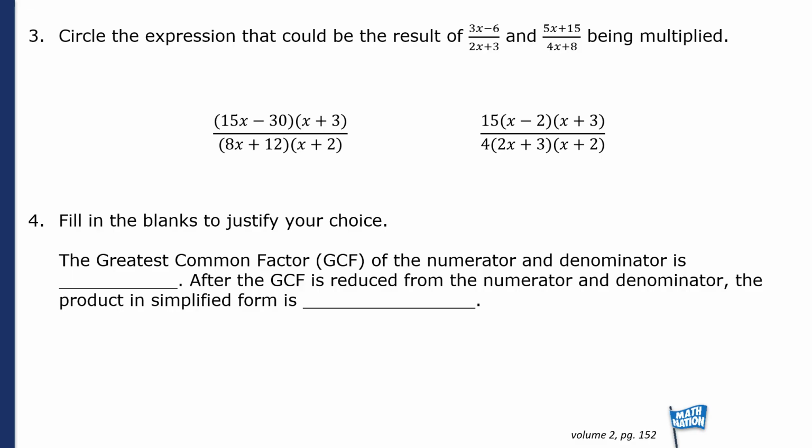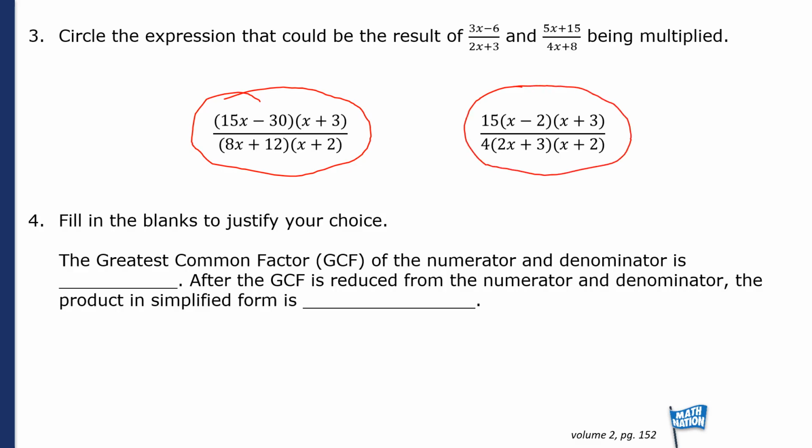I would say this is one result, and then the factored form would be this result. So both of these expressions are equal to each other when those are multiplied.